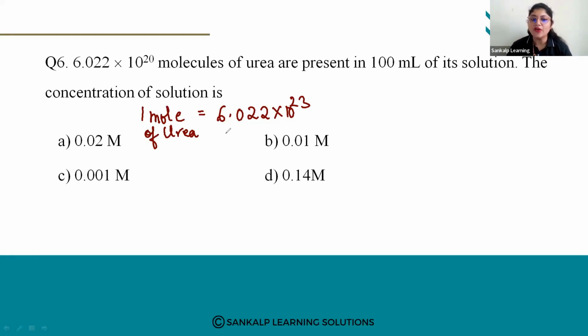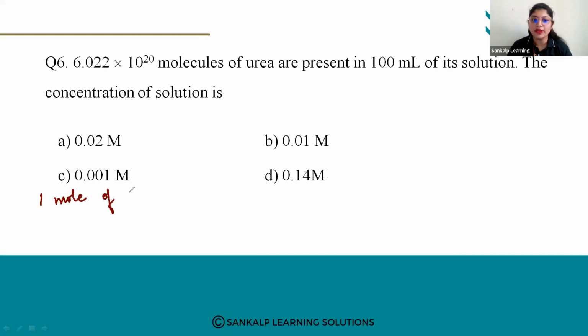Now you have to find what they have asked: the number of moles present in 100 ml of its solution. I'll write it properly here. 1 mole of urea is equal to 6.022 into 10 raised to 23.